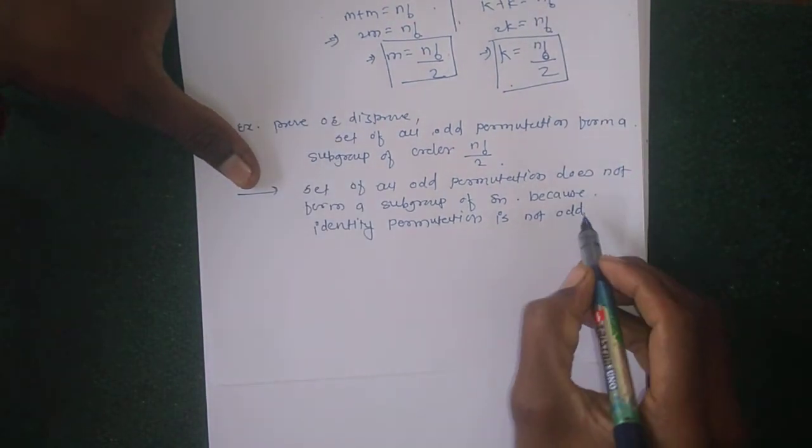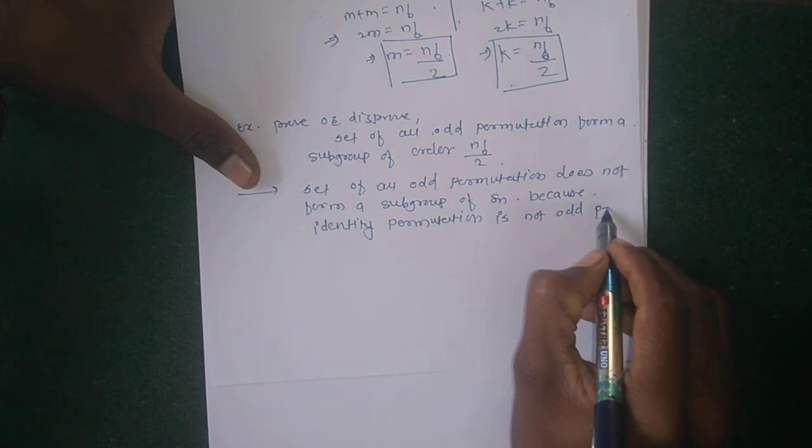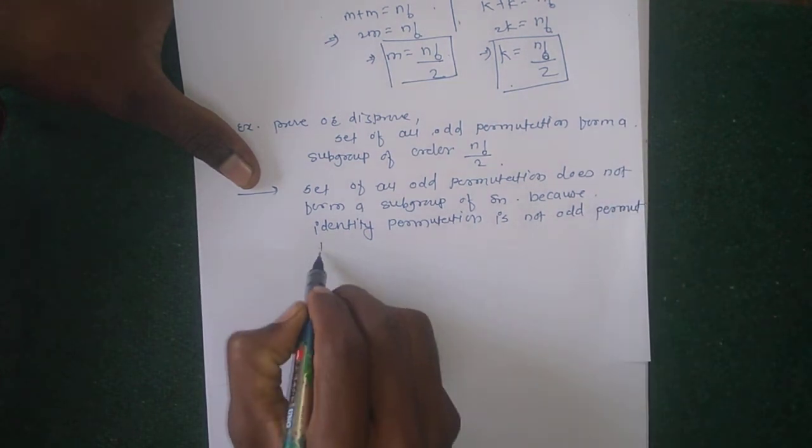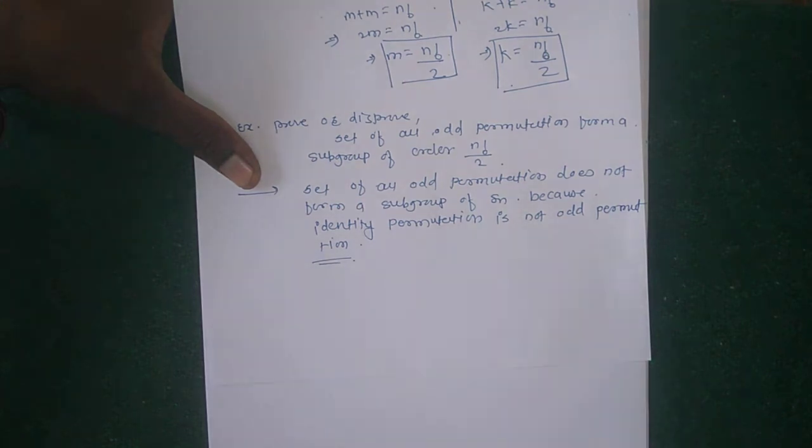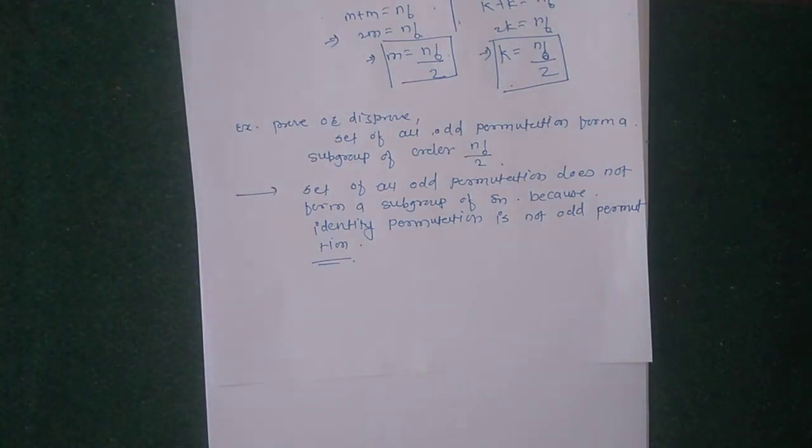Therefore the set of all odd permutations is not a subgroup of SN. This is one result: the set of odd permutations is not a subgroup, while the set of even permutations is a subgroup.